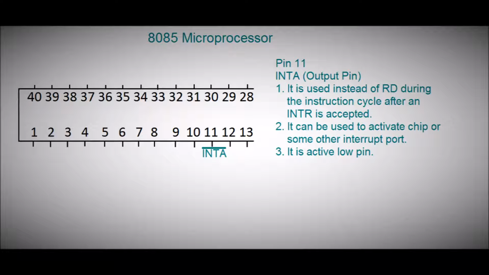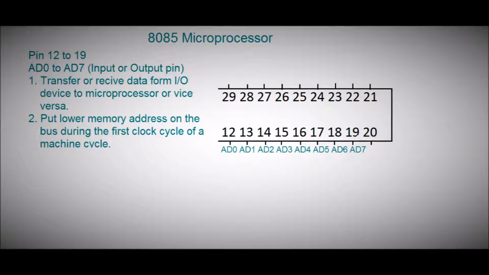Pin 11. INTA, interrupt acknowledge, output pin. 1. It is used instead of RD, read, during the instruction cycle after an INTR, interrupt request, is accepted. 2. It can be used to activate chip or some other interrupt port. Pin 12 to 19.